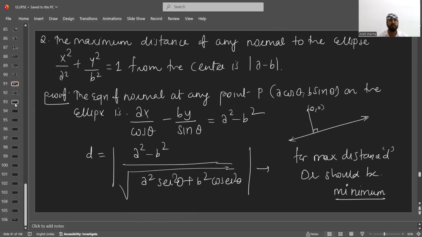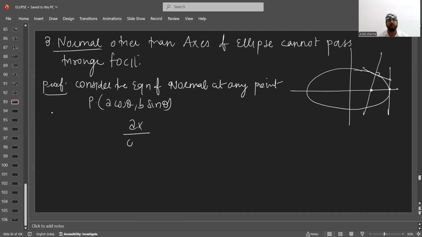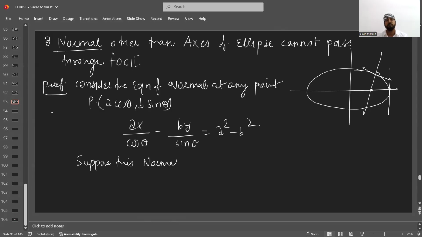We have here aX by cos theta minus bY by sin theta is equal to a square minus b square. Now, suppose this normal passes through the focus.